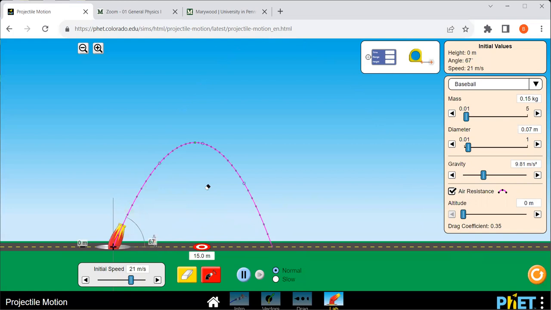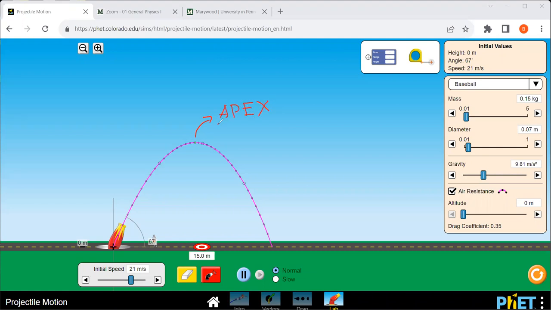So here I want to tell you a few more things. When you project something, it follows this parabola. You already know that. And the thing I want to tell you is, you see that this is the maximum height. Similar to the free fall problem, this maximum point we call apex.